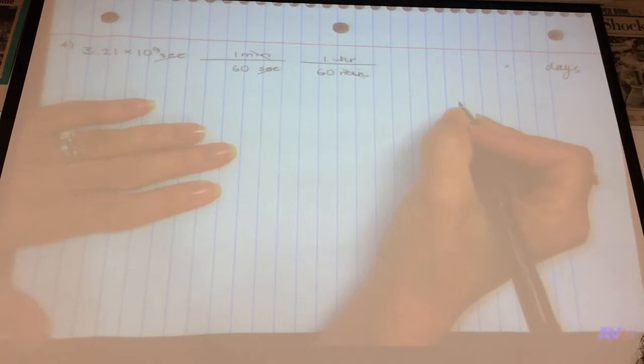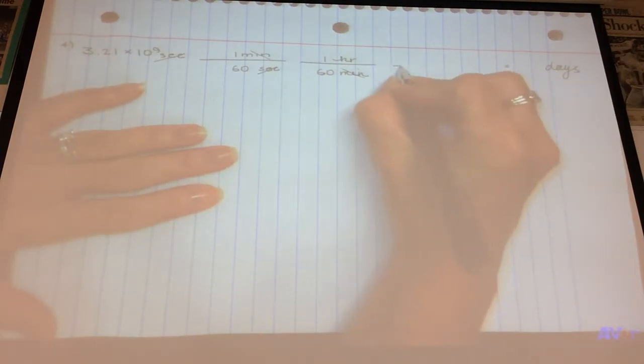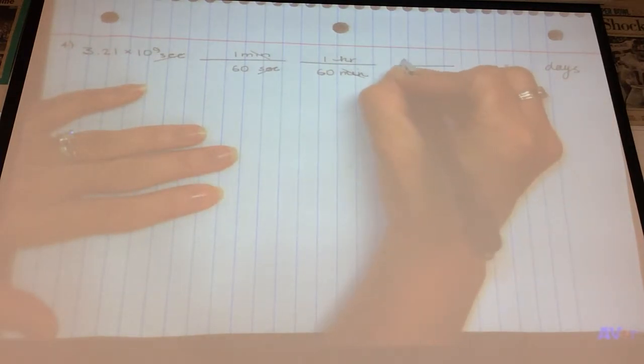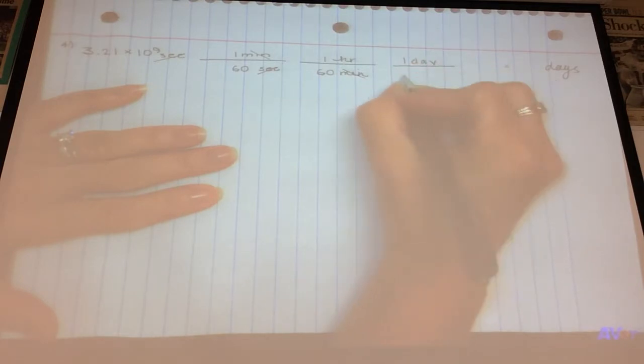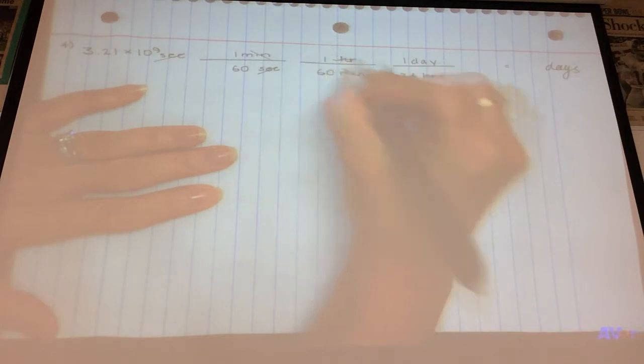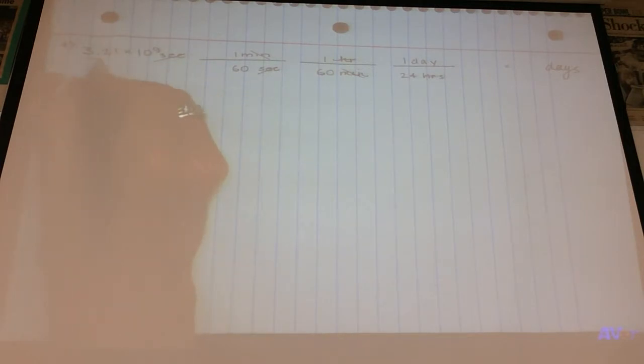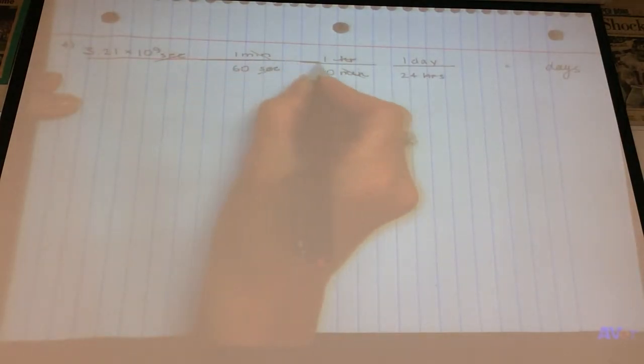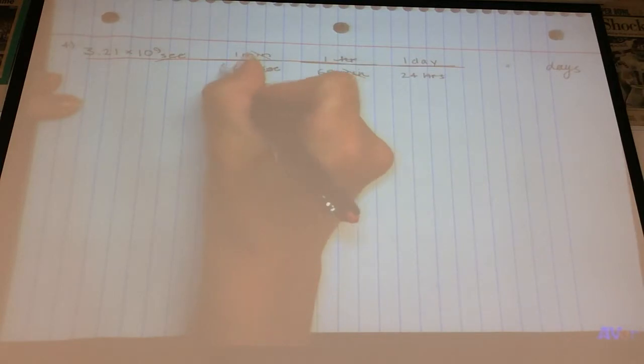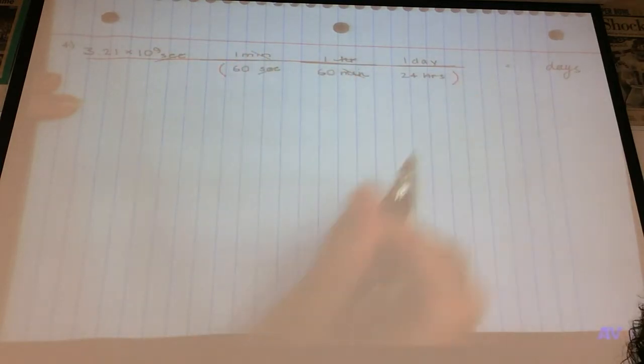Now minutes cancel. And for hours, I know in 1 day there are 24 hours. So now hours cancels. Again, this is like one big fraction, and you want to parenthesis off the bottom.